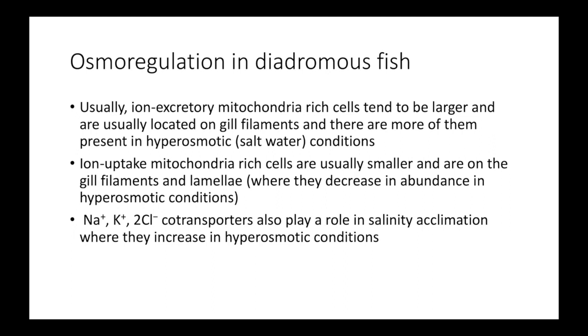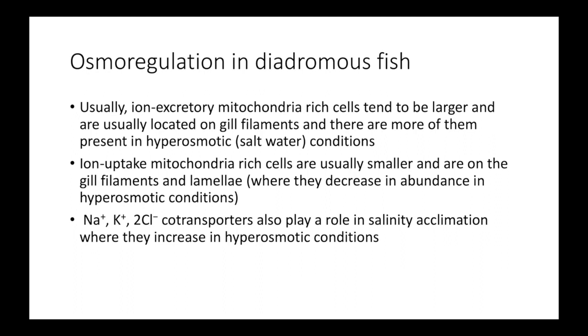Ion uptake mitochondria-rich cells are usually smaller and are on the gill filaments and lamellae, where they decrease in abundance in hyperosmotic conditions. The ion excretory cells increase in saltier conditions in order to excrete a greater amount of salt ions. The ion uptake cells decrease in saltier environments to try and reduce the amount of salt entering the body in the first place.